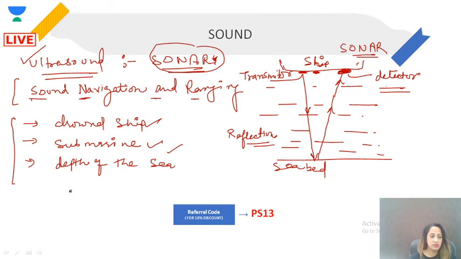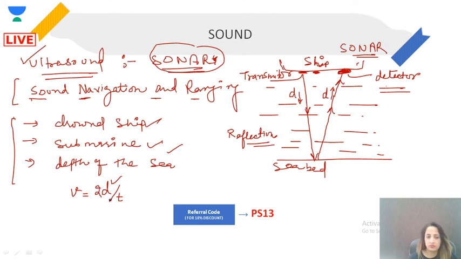So as it is getting detected, the time it takes to come back is the major point. Velocity is equal to distance by time, right? But here, because it is double the distance, one distance as it reaches down and the same distance when it comes back, we have 2d.